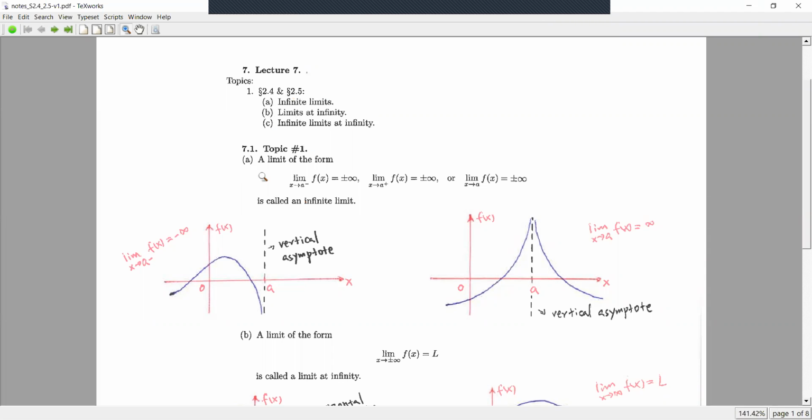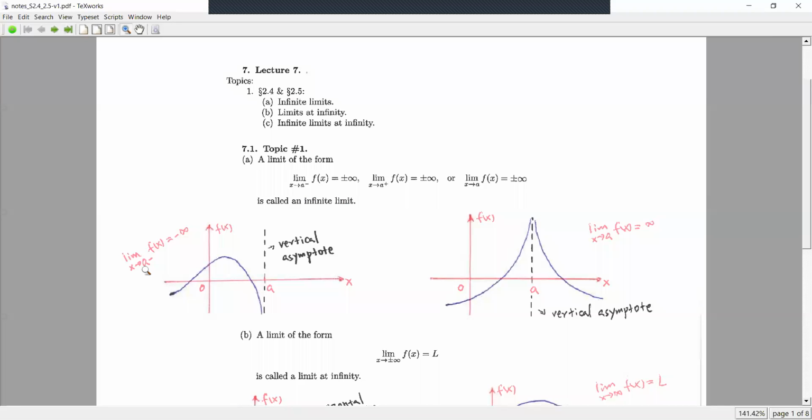A. If x approaches some finite point A, and the function approaches either positive infinity or negative infinity, then the limit is an infinite limit. Example 1, this is an infinite limit.